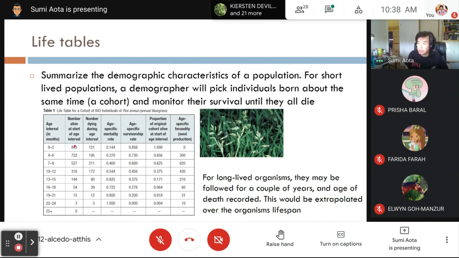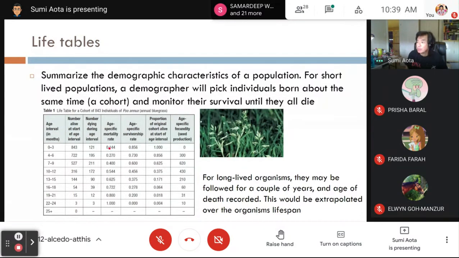So at age 0, there were 843 individuals. At age 4 months, there were 722. At age 7, 527. So the number dying during that interval, between 843 and 722, 121 individuals died.